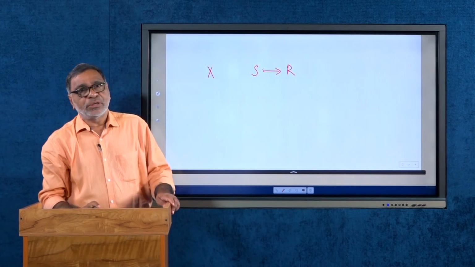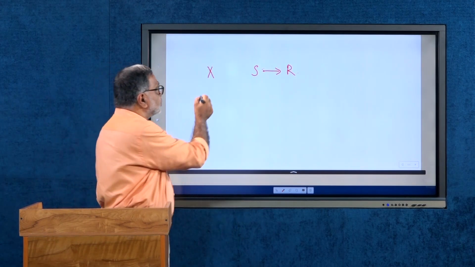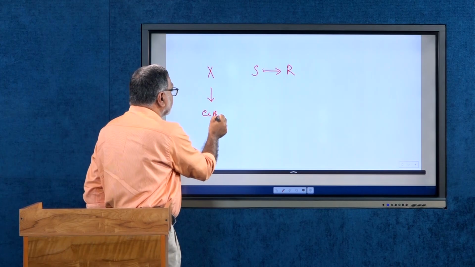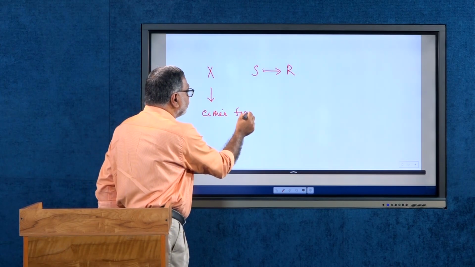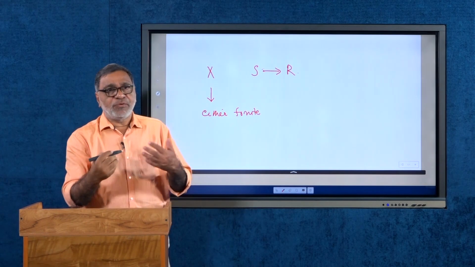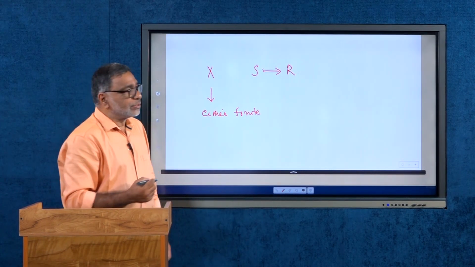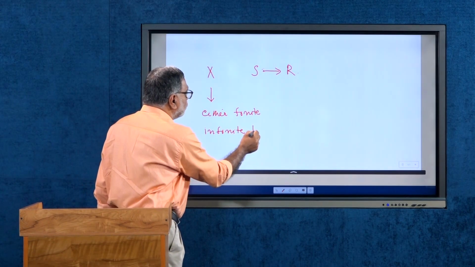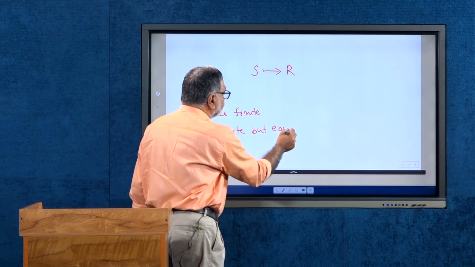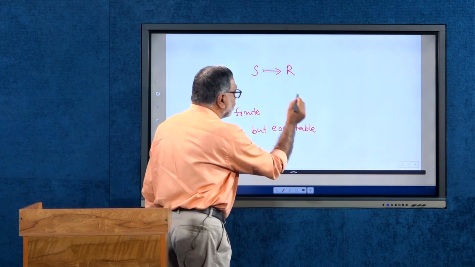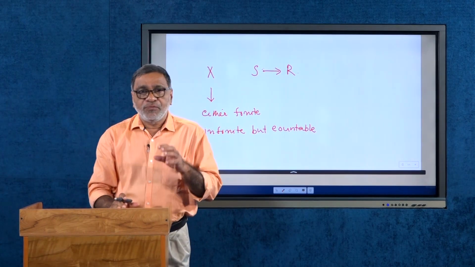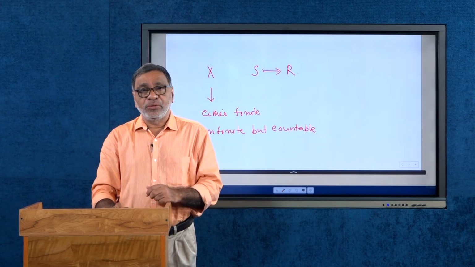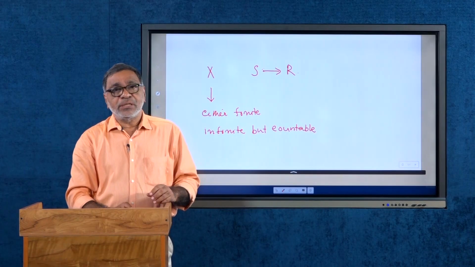So a real valued random variable we have, and this random variable may have either a finite number of values, or infinite but countable. So if a random variable has a finite number of values or infinite but countable number of values, we call that random variable a discrete random variable.